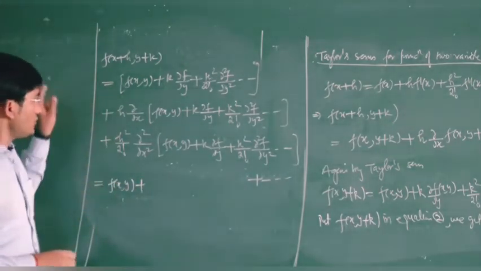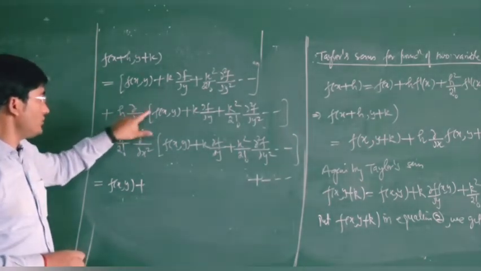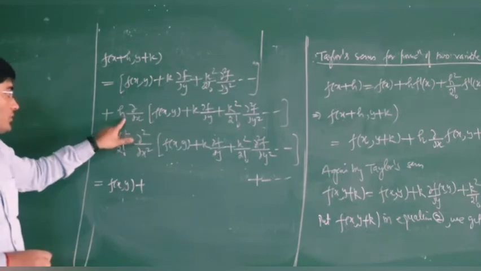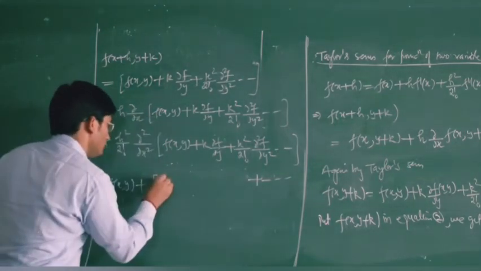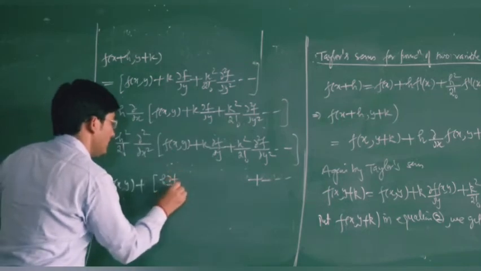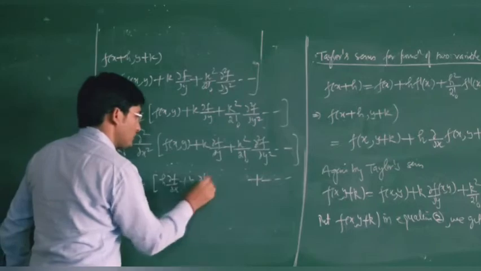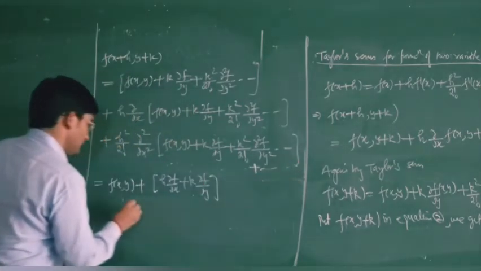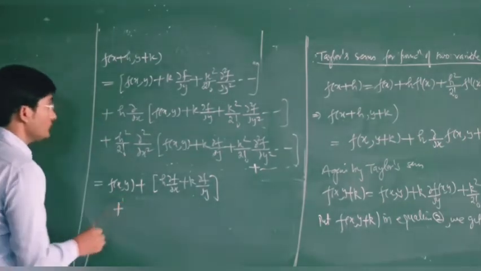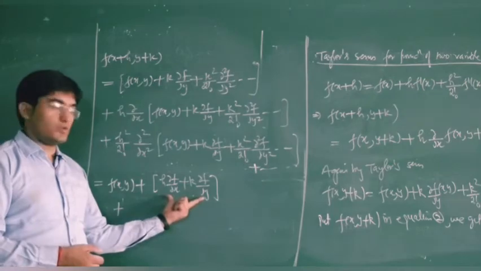Then the first order term: if you differentiate this f with respect to x, this will be h into del f upon del x. Then from here we have k into del f upon del y. So this is your second term, which is the terms of order 1.